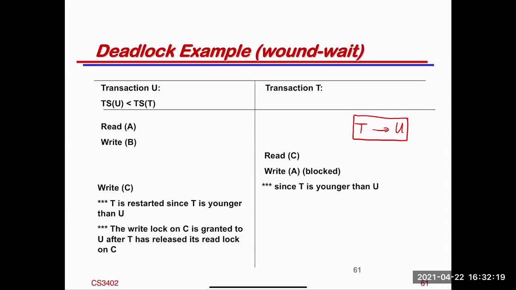So it's going to be preempted because T is younger than U, right? So this older transaction U wants to get this write lock for object C, and transaction T already has a read lock, so transaction T will be restarted. Once T is restarted, this read lock here is going to be released, and you can acquire the write lock on C.